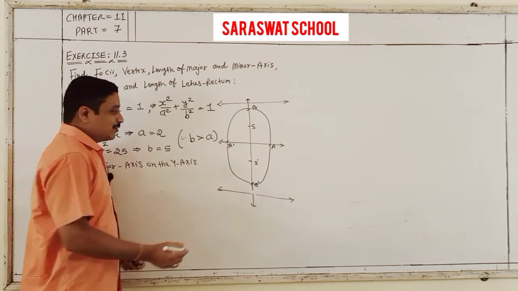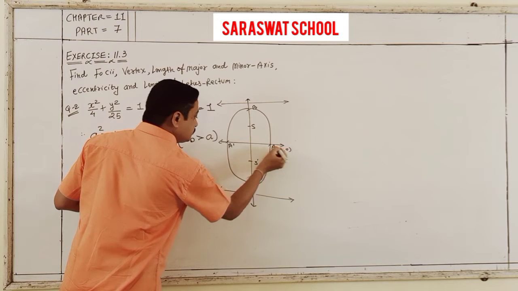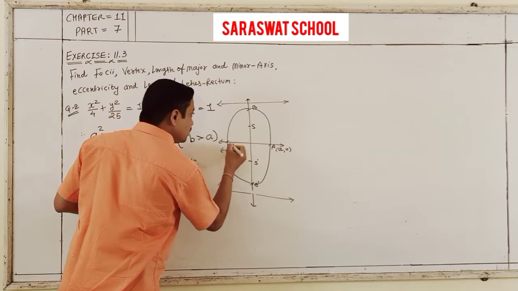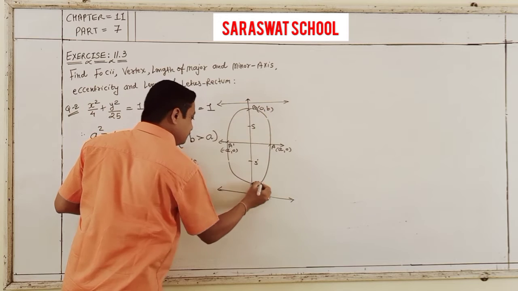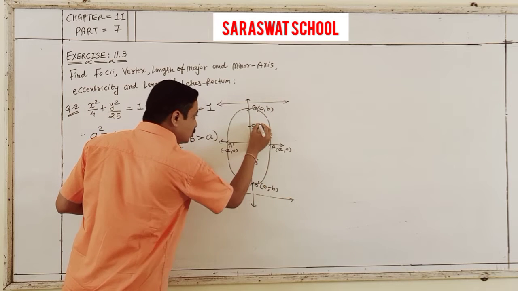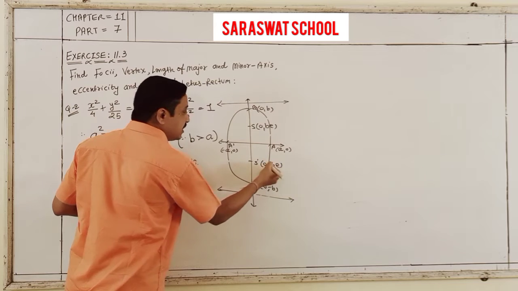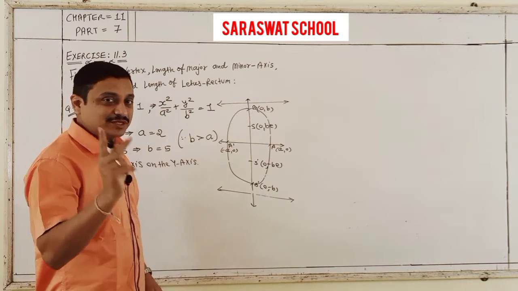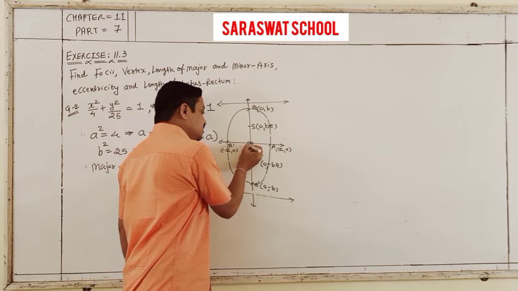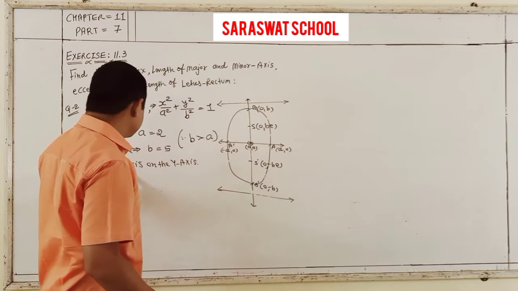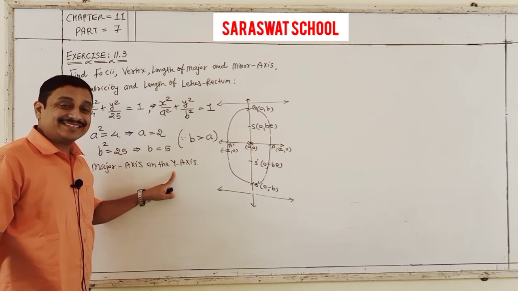Very easy. The vertices you know are A, 0 and minus A, 0, and 0, B and 0, minus B, and the foci are also known, 0 comma B and 0 comma minus B, according to your case number 2, and here your center is 0, 0. So your major axis is along the y-axis.